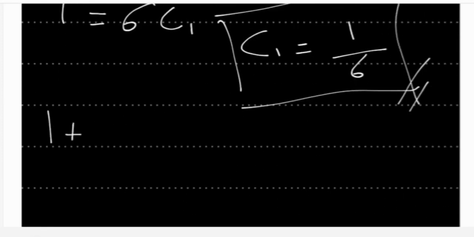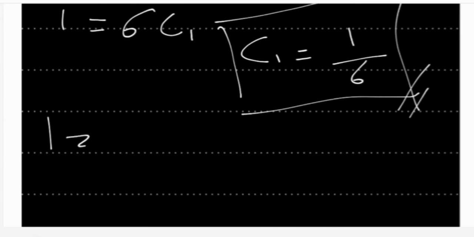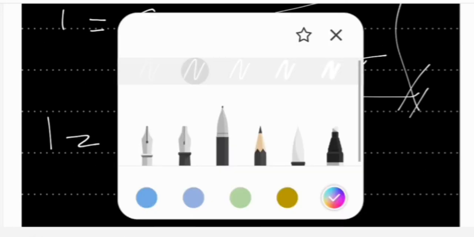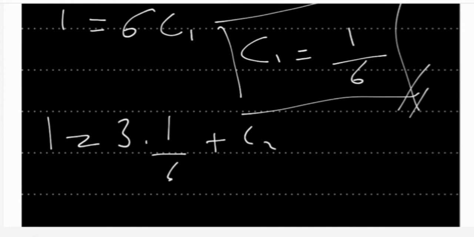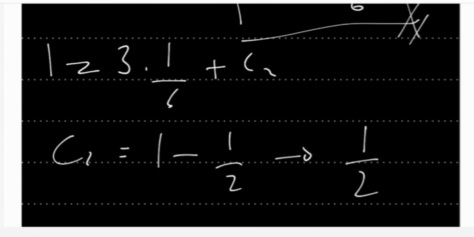Well, 1 is equal to 3 multiplied by C1 plus C2. I'm going to use it over here to find C2. But what is C1? C1 is 1 divided by 6. So C2 is equal to 1 minus 1/2, so it is equal to 1/2. So this is C2.